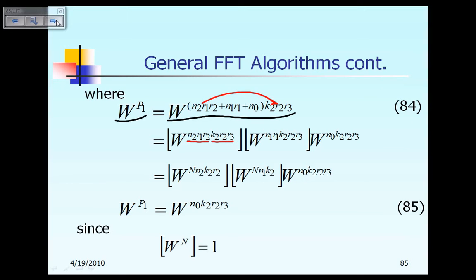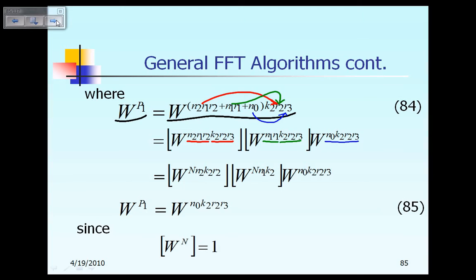Similarly, if we take the second term of the parenthesis, which is N1 times R1, and multiply with K2, R2, R3, then you will get the second power, which is shown right here as indicated in the green color. And finally, if you take the last term of the first parenthesis, which is N0, and we multiply with K2, R2, R3, shown in the blue color, then you get that power right there.